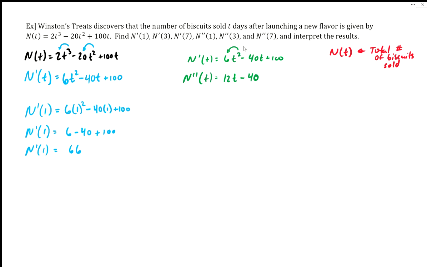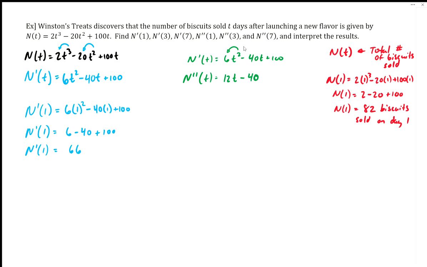For instance, let's do n of 1 just to say what this is. 2 times 1 cubed minus 20 times 1 plus 100 times 1. So 1 cubed's not too bad. That would be 2 minus 20 plus 100, and we'll get 82. So we get 82 biscuits sold on day 1. So that's the meaning there.